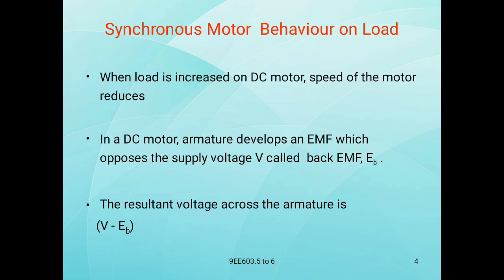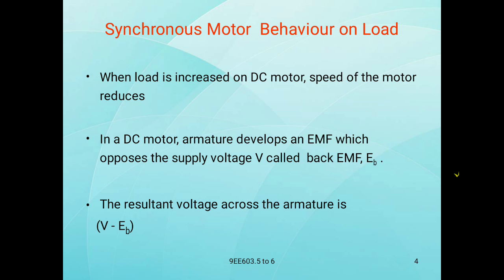Now in a DC motor, the armature develops an EMF which opposes the supply voltage V. That is called the back EMF, Eb.